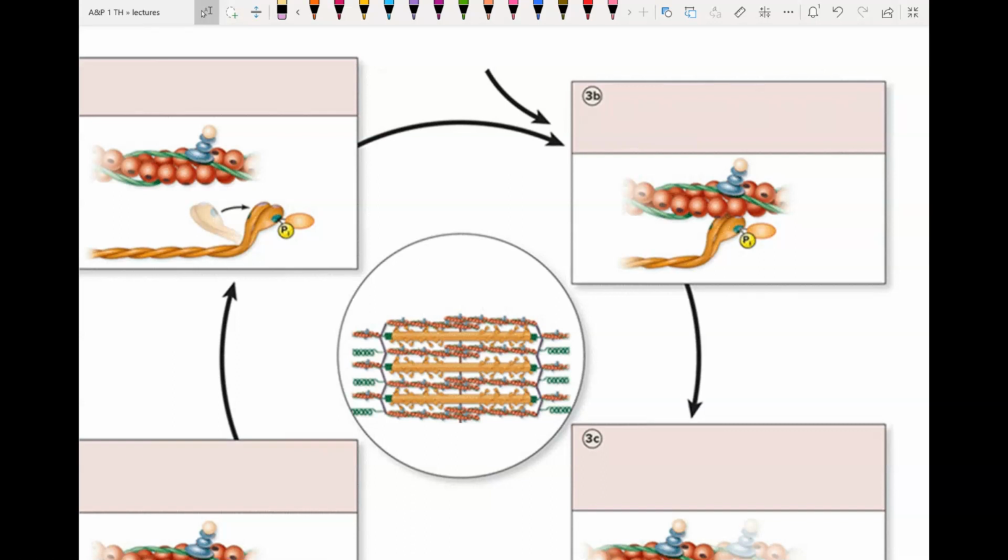It wraps around the actin. And see the little black dots on actin? Those little black dots are the active sites. That is where the myosin has to bind. You can see over here in picture 3B, the myosin binds right on that black dot on the actin. Well, when the muscle is relaxed, the tropomyosin is covering those active sites. So let's go ahead and label that. That is an active site.